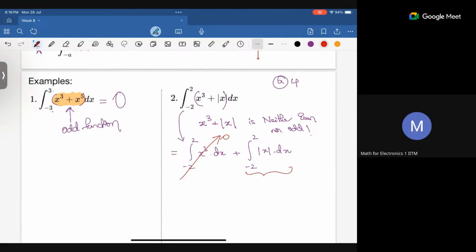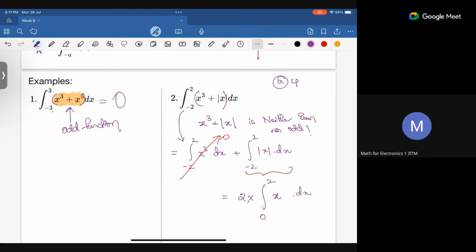Coming to mod x, it is an even function. We know the property that if the integrand is even, I can simply integrate from 0 to 2 with a factor of 2. In this interval, mod x is actually x, so you don't need to write the mod; it will behave like x.